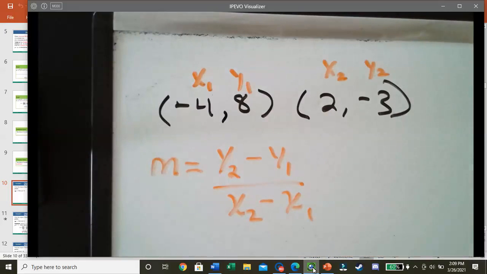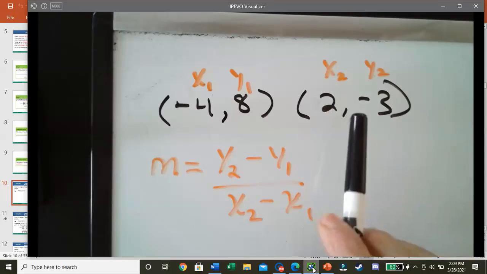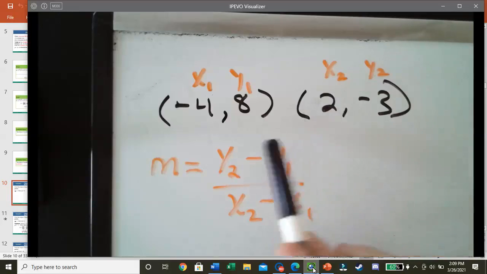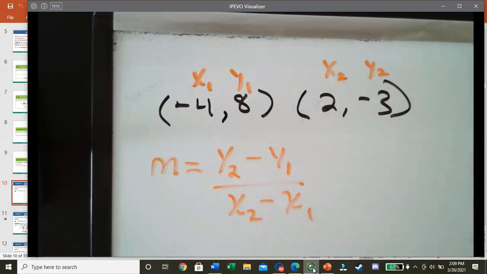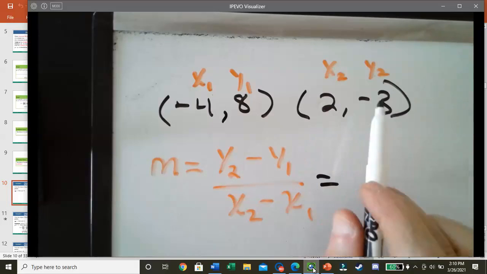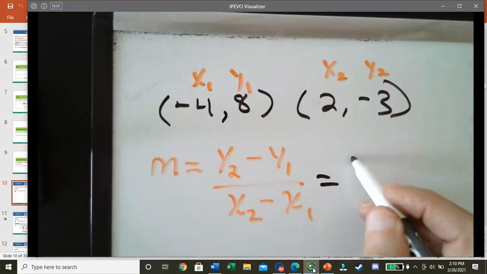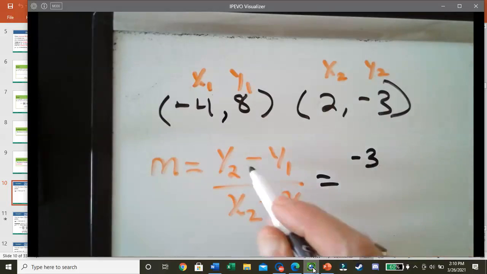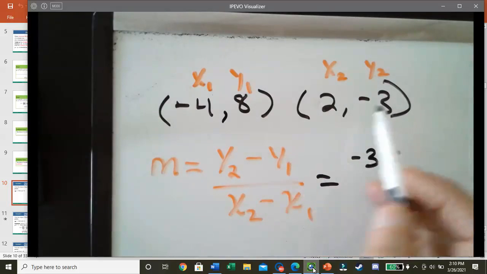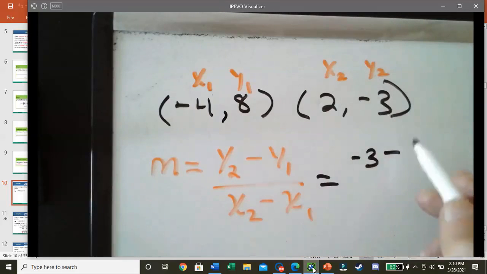It helps to write the equation down every time, because then you don't have to think so much about where the value goes; it goes in the right place. y2, that's your second y value, which is -3, minus y1, which is 8.